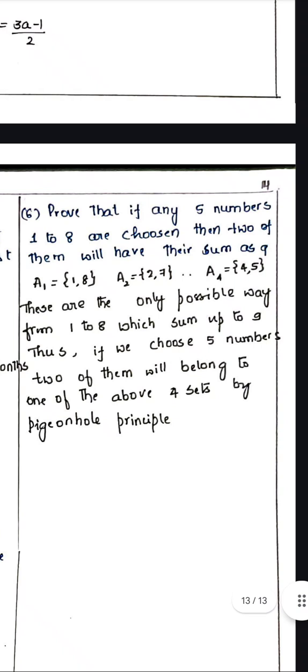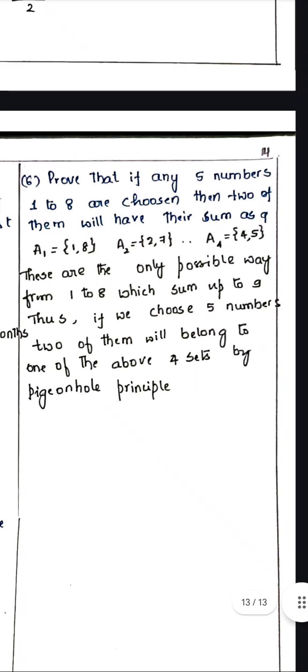Then prove that if any 5 numbers from 1 to 8 are chosen, then 2 of them will have their sum as 9.